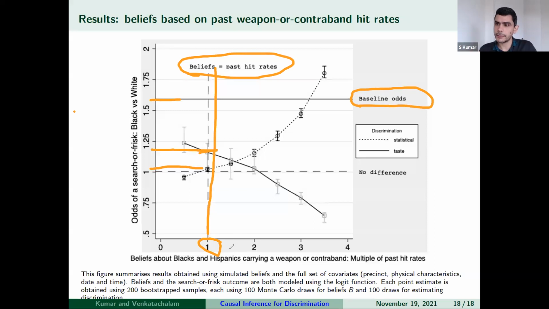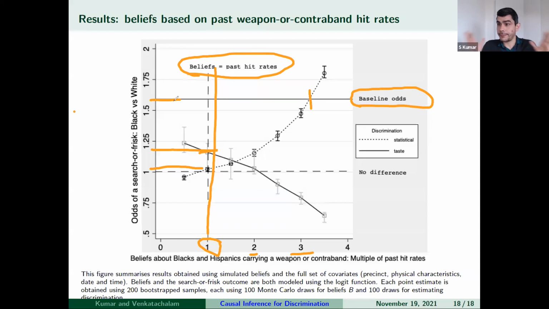So now we start boosting the hit rates for blacks and whites artificially by multiplying the observed number with M. And so M equal to 2, M equal to 3, and so on. Roughly at M equal to 3 point something, 3.2 or 3.3, the statistical discrimination estimate is very high, and it is of comparable magnitude to the baseline odds.